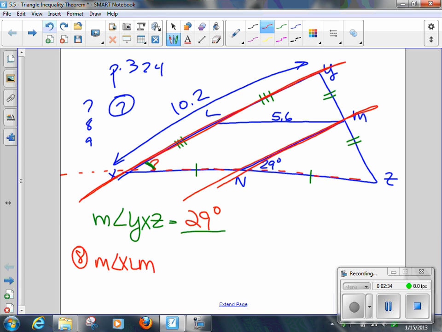Number 8 is XLM. All right, let's look at it. Find it. XLM. Right here. If this one's 29, then what does this angle right here have to be? All right, and then how am I going to find that one?